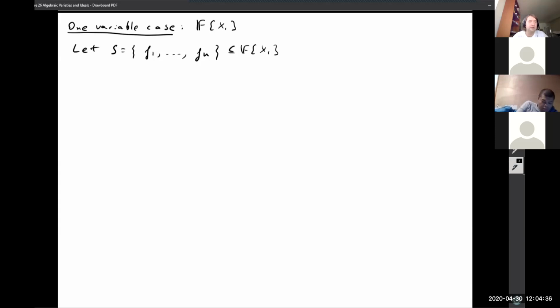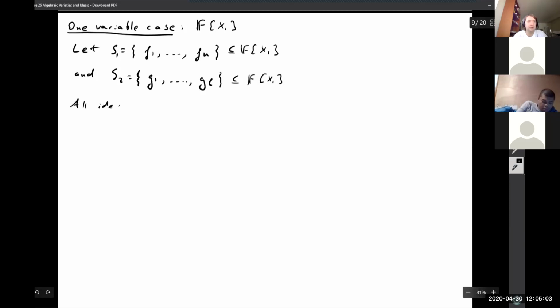And S2 will be G1 to GL, also in F of x1. Okay, so all ideals in F of x1 are principal.